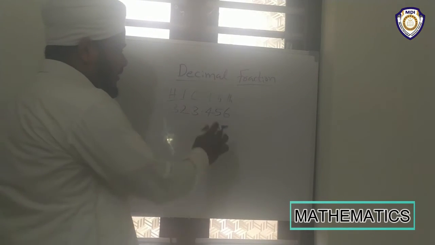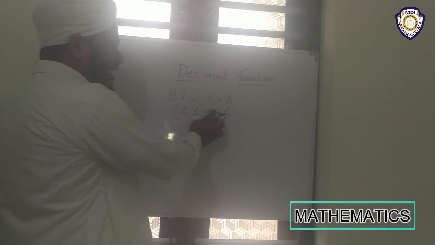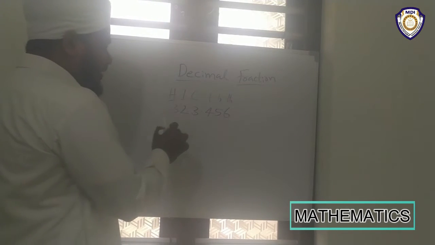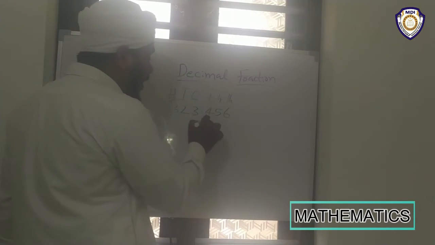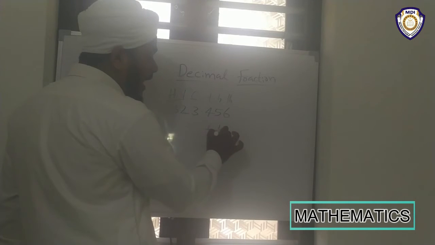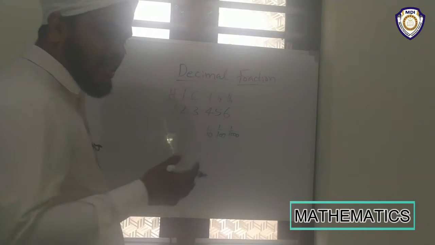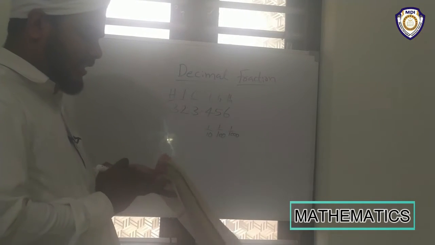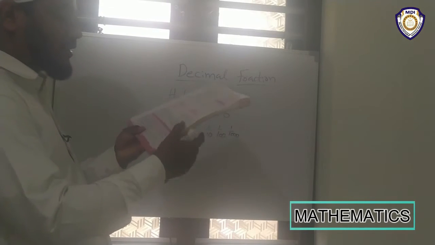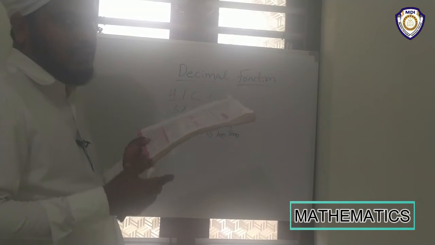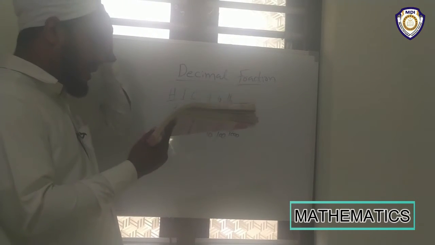This tenths, this hundredths, this thousandths. It means place value 1 by 10, here 1 by 100, here 1 by 1000. It's very important. We have studied this in the 5th class. I just remind you. You can say tenth, hundredth, thousandth. Decimal point.